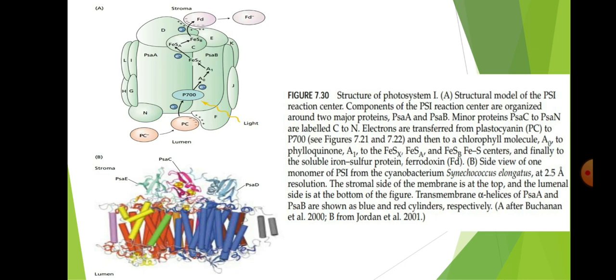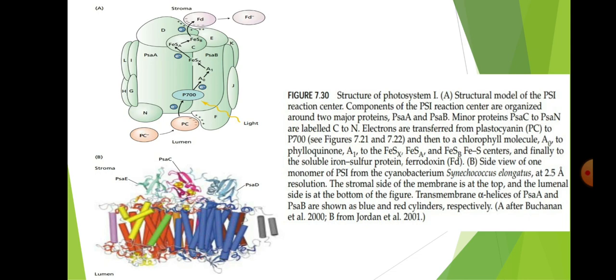See the structure of photosystem 1. Structural model of the photosystem 1 reaction center. The structure shows components of the photosystem 1 reaction center, which is generally organized around two major proteins, PSAA and PSAB.